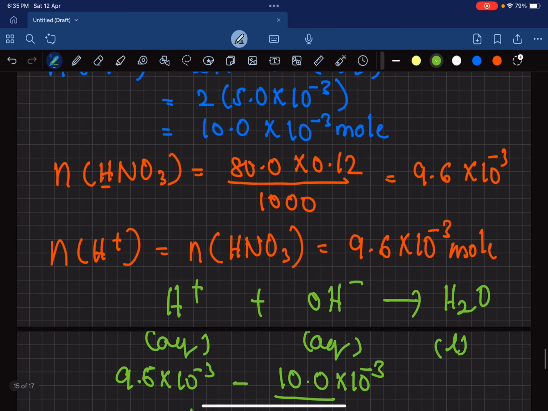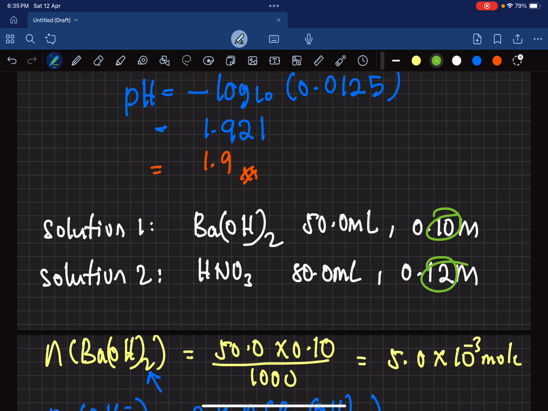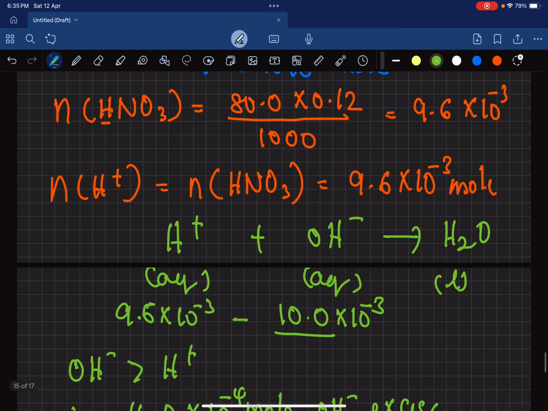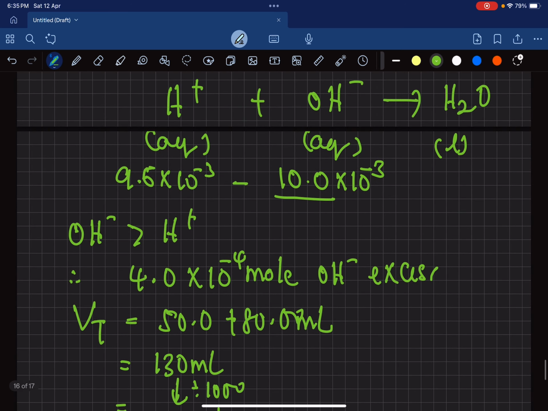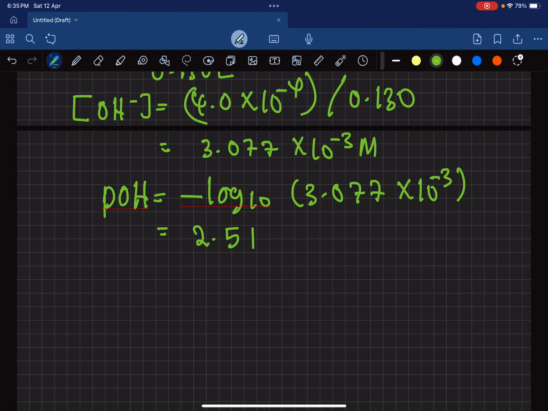Let me go back and look at my calculations again. This is two significant figures, so basically I should have two significant figures in most of my places. So this should end up as 2.5.